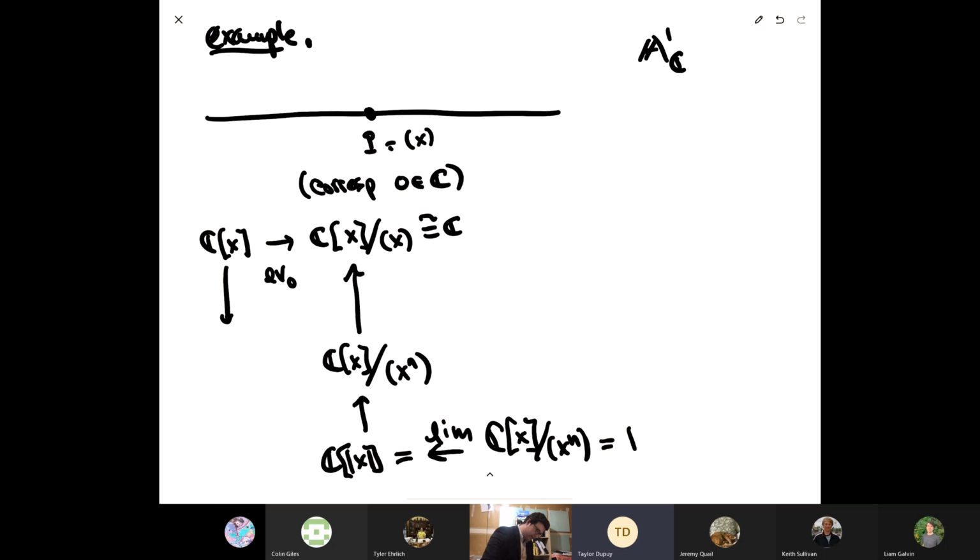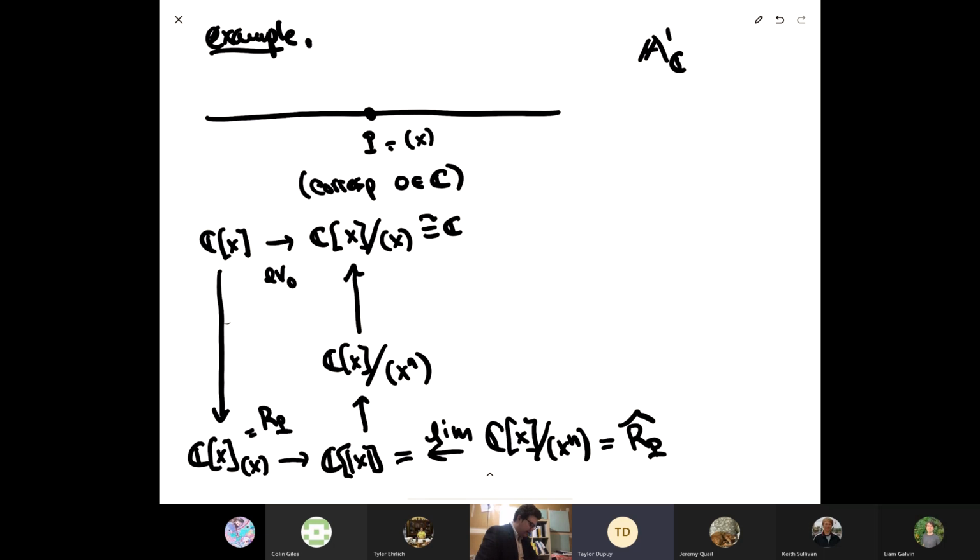So this is what I called R_p hat. The quotient, so this is a quotient map. And then we had this localization. This is what we call the R_p.